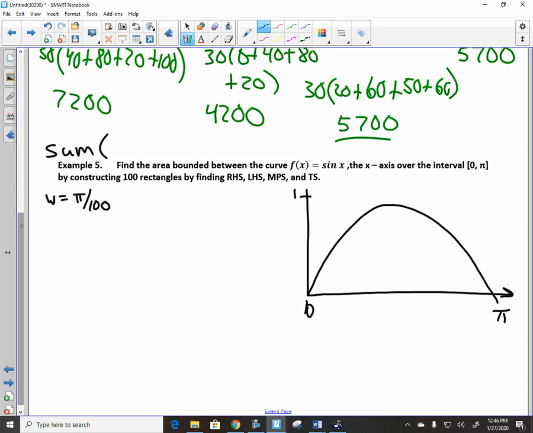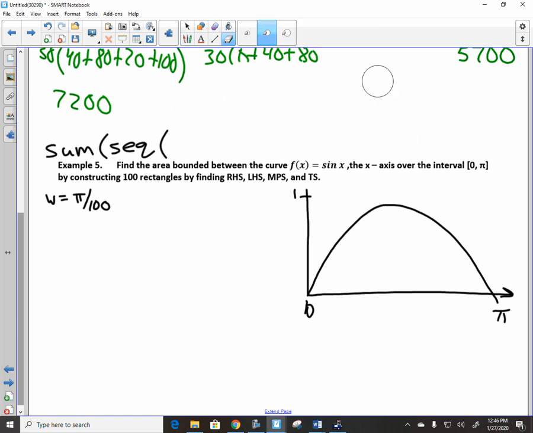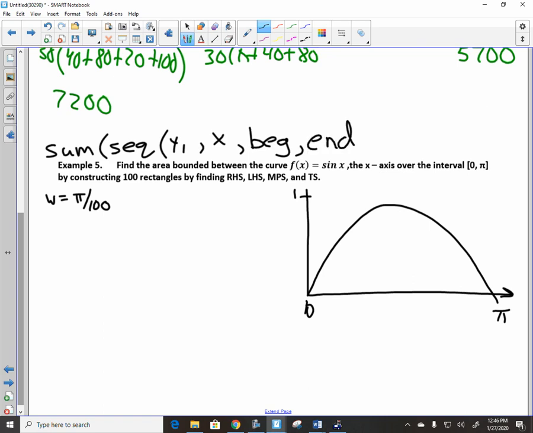Sum, parentheses, sequence, parentheses, y1, comma, x, comma, beginning, comma, end, comma, width, double parentheses.